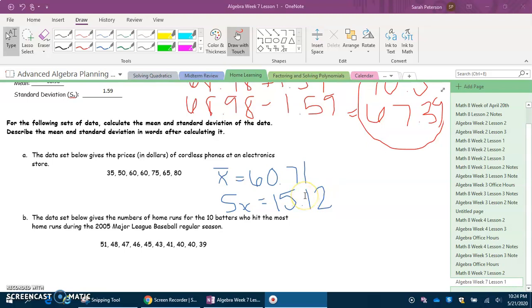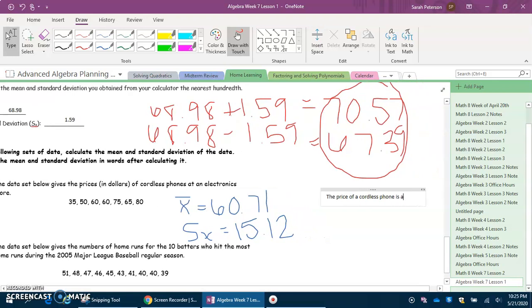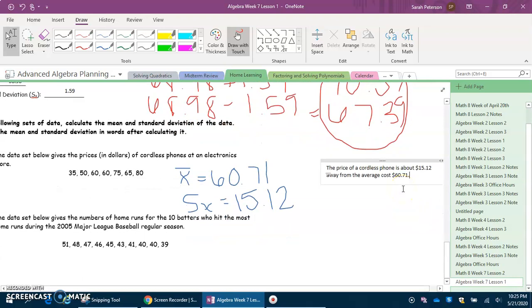What that means about the data is the price of a cordless phone is about $15.12 away from the average cost, which is 60.71. That's what it means if you're talking it out.